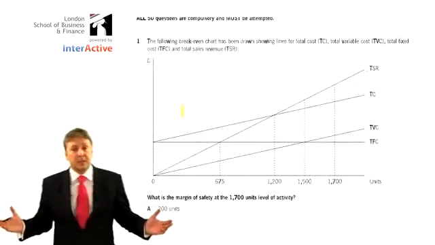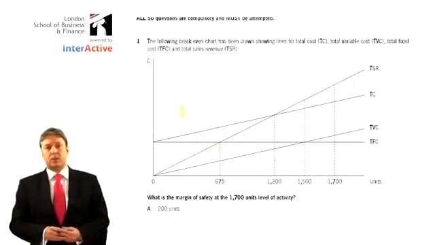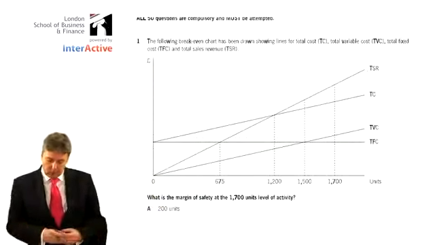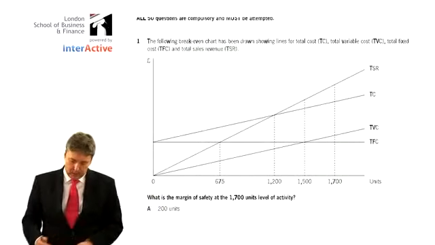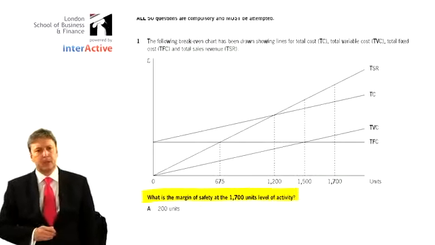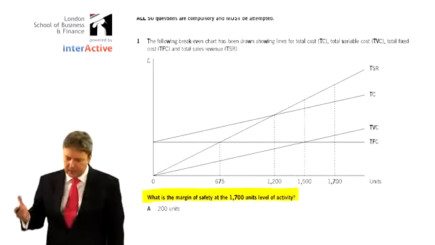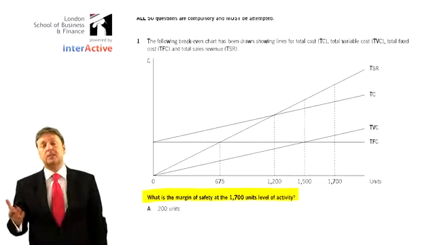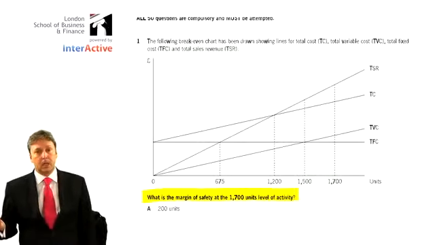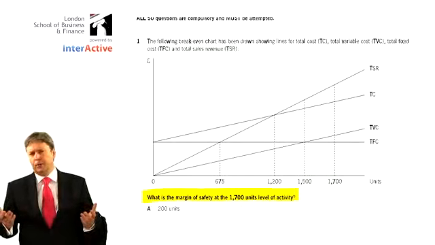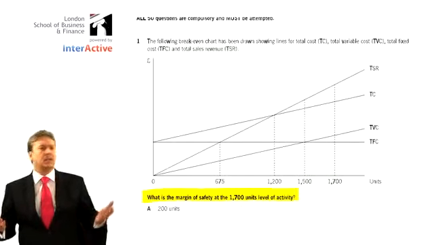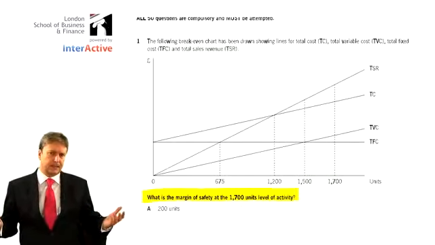Right, let's get down to business. Very first question. Now, if we look at this question here, we're given a graph, that's all well and good. The first thing we want to focus on is the requirement. What is the margin of safety at the 1,700 units level of activity? Well, okay, I hope you appreciate that margin of safety is all about break-even analysis.